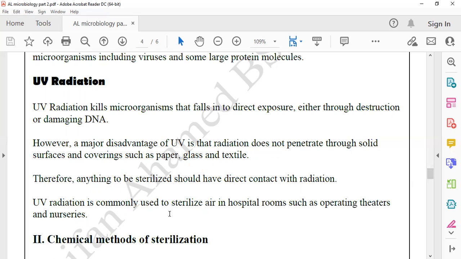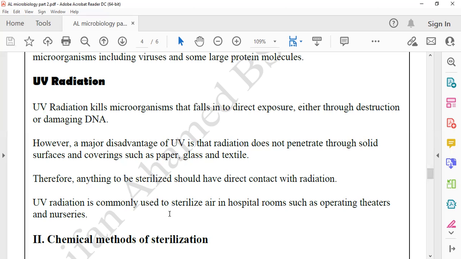So when you apply UV radiation on microorganisms, their DNA will be denatured. Thereafter, they cannot perform their metabolism properly, so they will be killed. That is the method. Right?